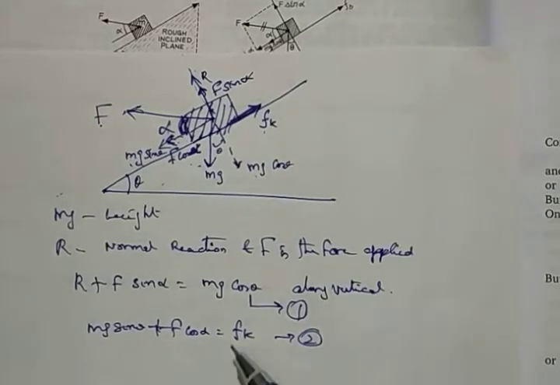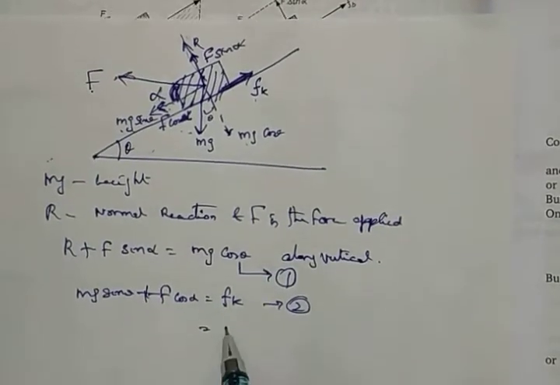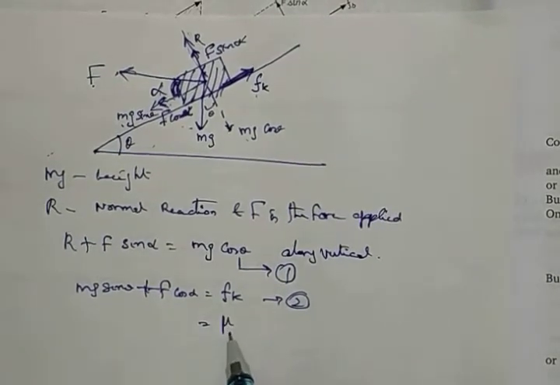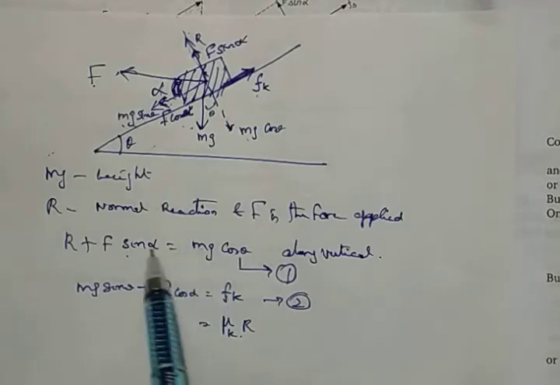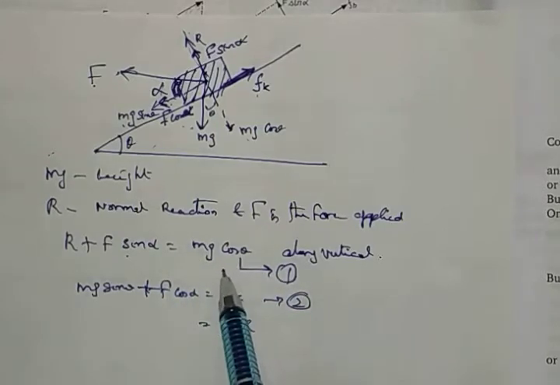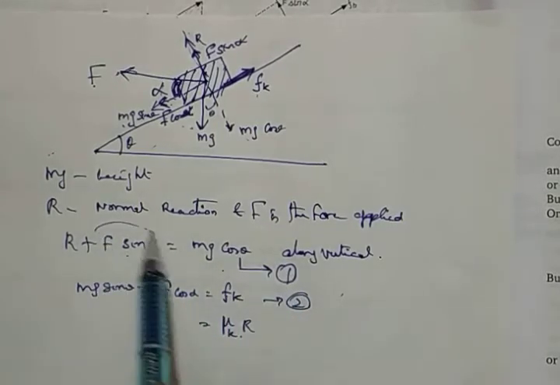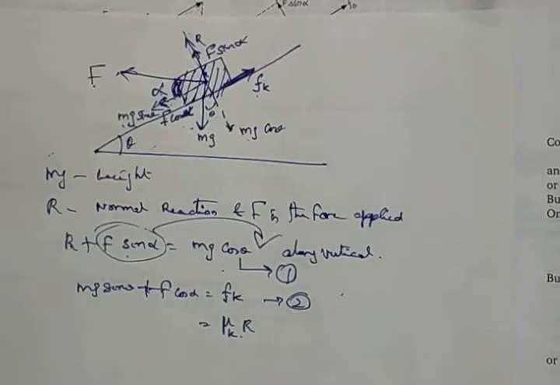Now we need to rely on both equations. Fk is equal to mu k into R. Look at the first equation. This one can go here and then R will be here. So what is R equal to?